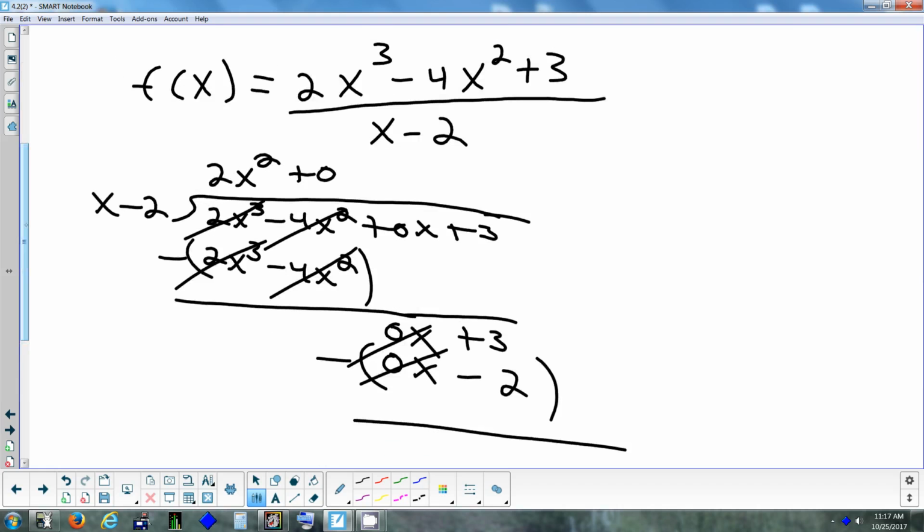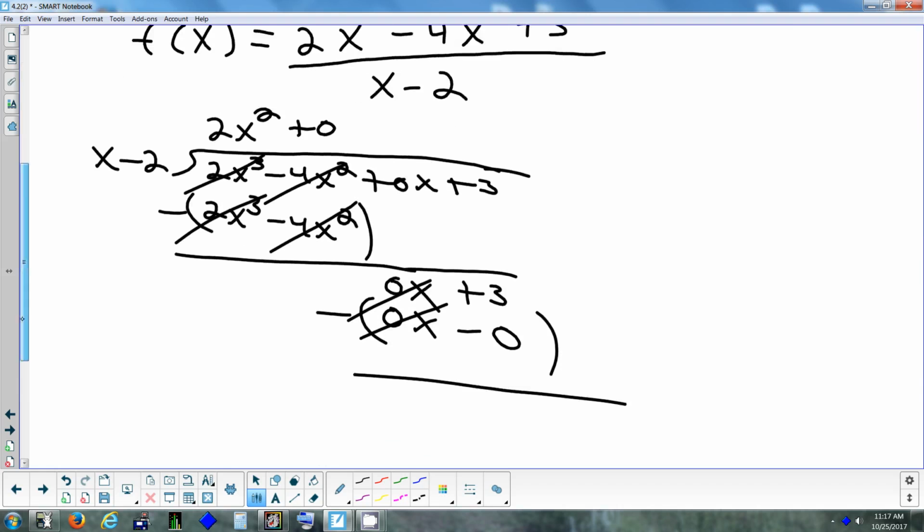Whoops, I'm sorry, 0 times negative 2 is 0. Same thing I did last time. And now let's finish it up. What's 3 minus negative 0? Abby? 3. So that's my remainder.